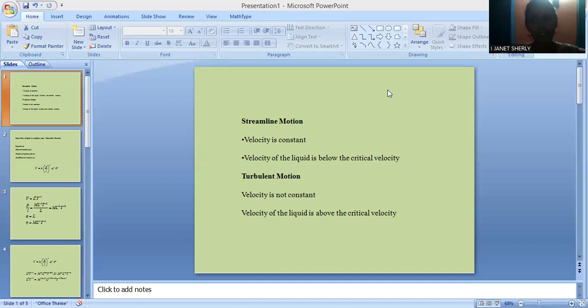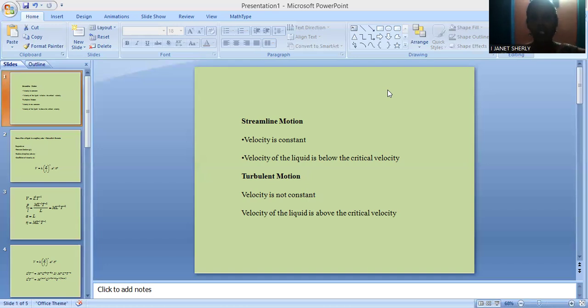Or in other words, I can define streamline motion as the motion in which the velocity of the liquid is below the critical velocity. And if the velocity of the liquid is above the critical velocity, we call that a turbulent motion.